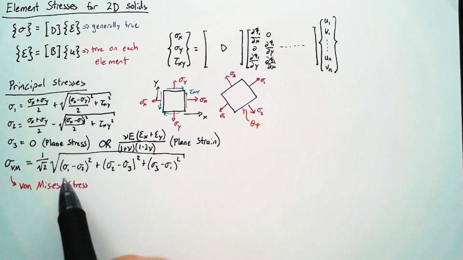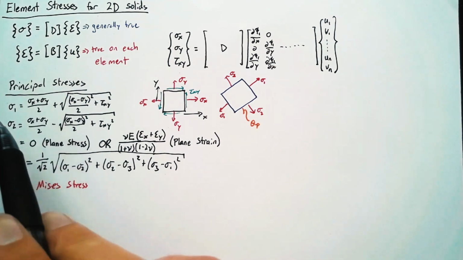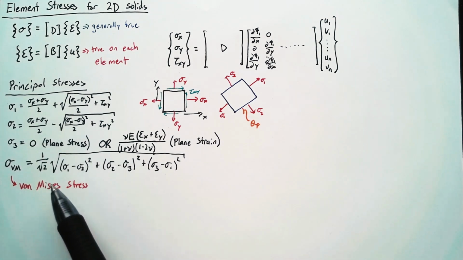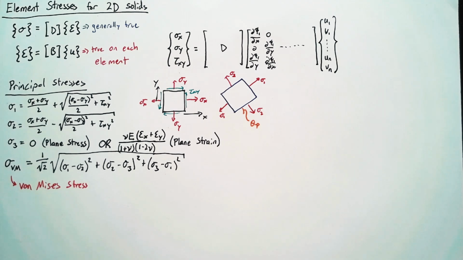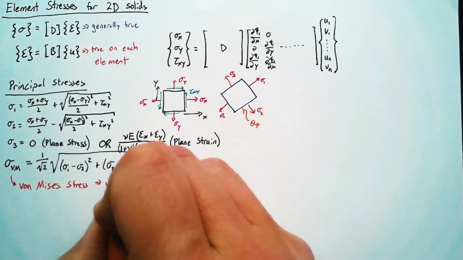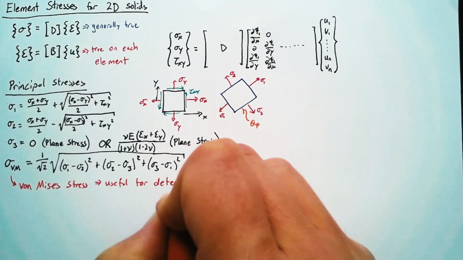And so we're looking at these differences between the principal stresses, taking the square root of the sum of the squares of those differences, and that is this von Mises stress. And again, this is useful for determining failure.